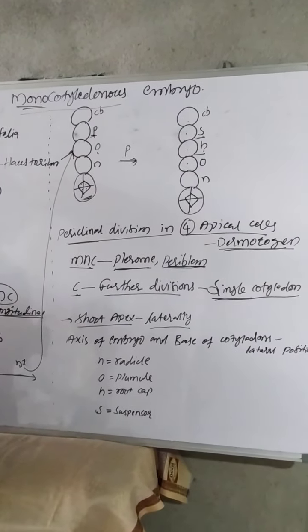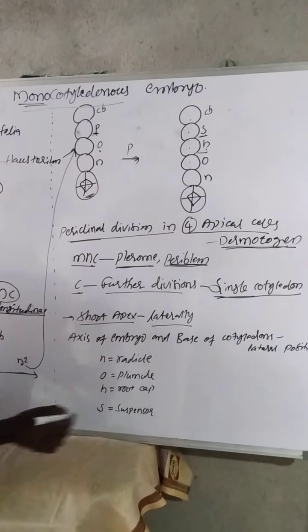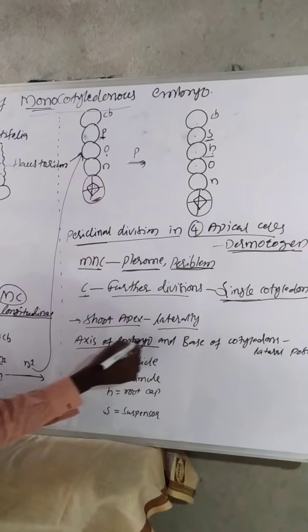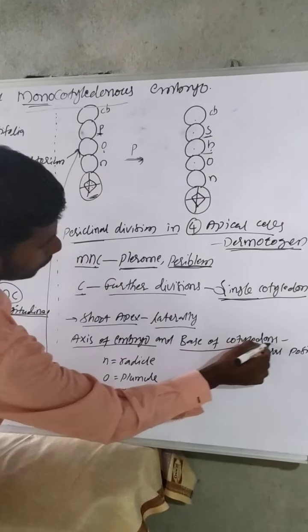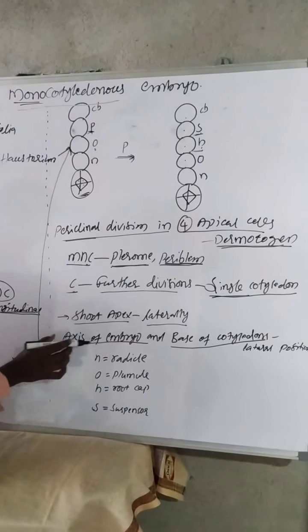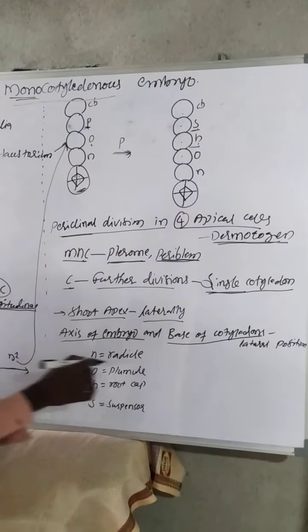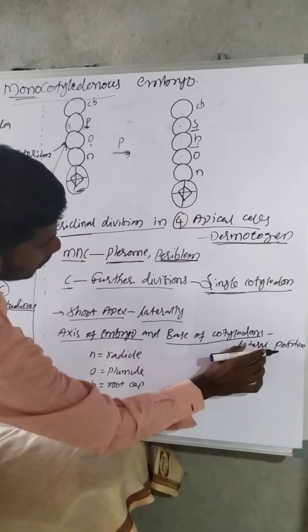The shoot apex forms laterally, similar to dicotyledonous embryos. How many cotyledons? Only one cotyledon. The axis of the embryo and the base of the cotyledon are also located in a lateral position.